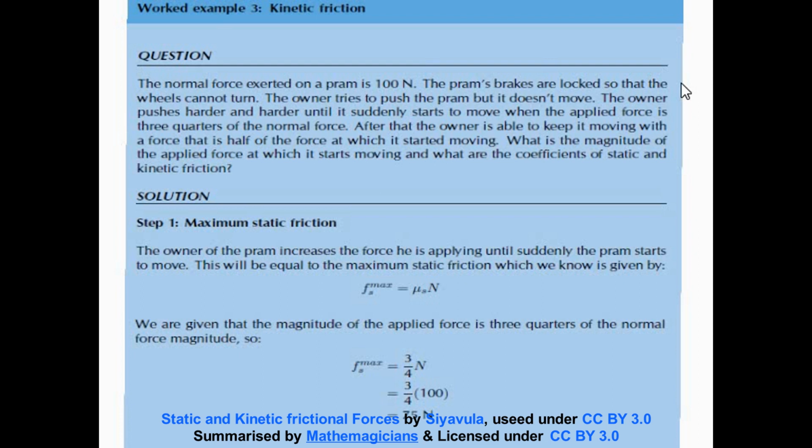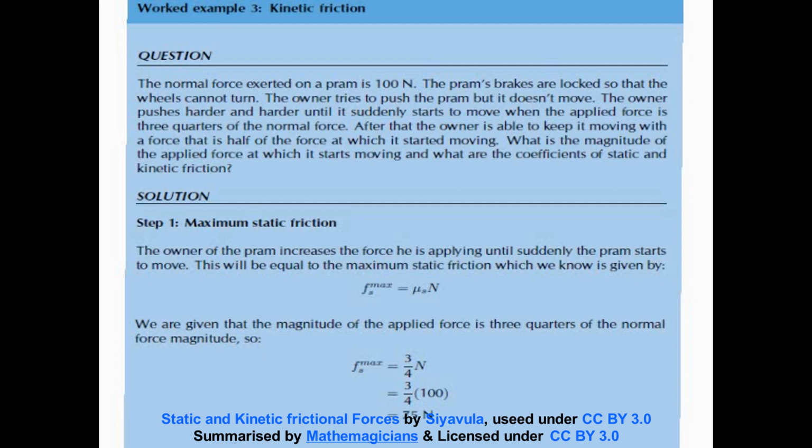After that, the owner is able to keep it moving with a force that is half of the force at which it started moving. Therefore, what is the magnitude of the applied force at which it starts moving, and what are the coefficients of static and kinetic friction?